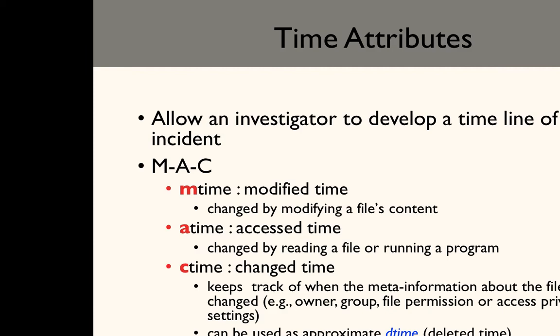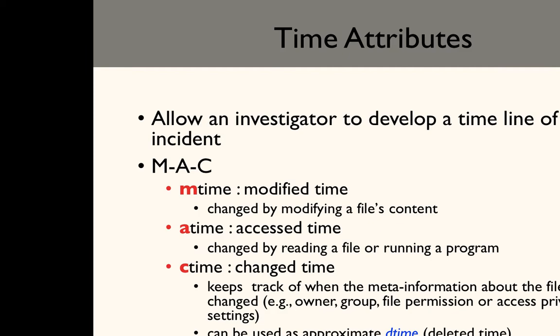So if you copy one file from one computer to another computer, you are simply copying it. You are not changing the content. So the modified time will not be updated, even if it has been moved to another computer. But the change time will be updated. So this kind of information can be used to develop a timeline of an incident.